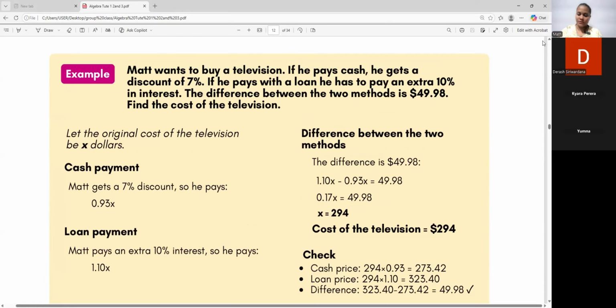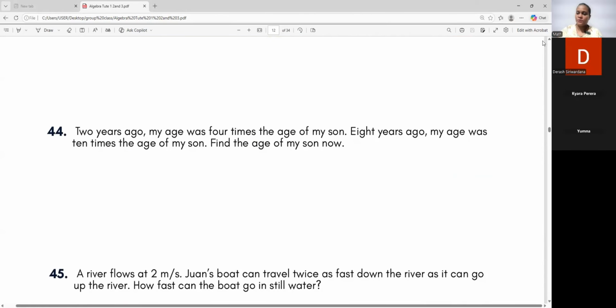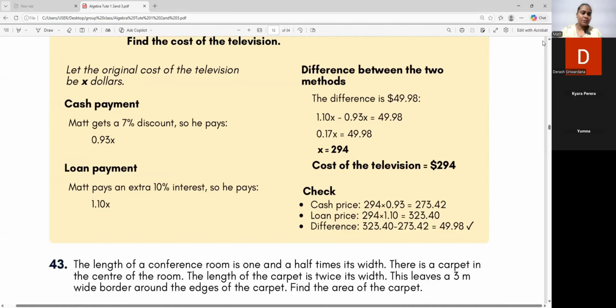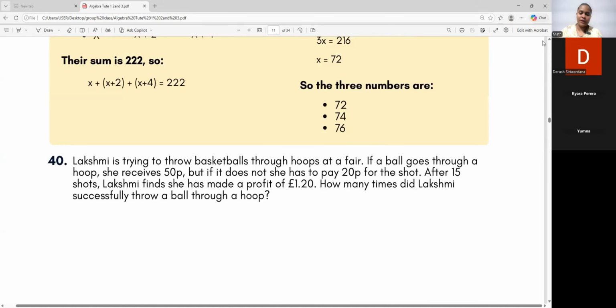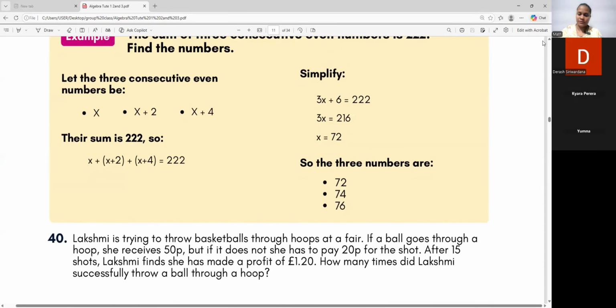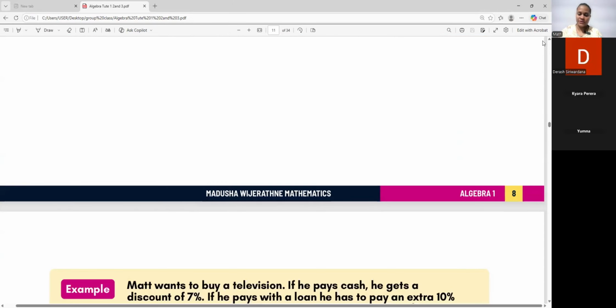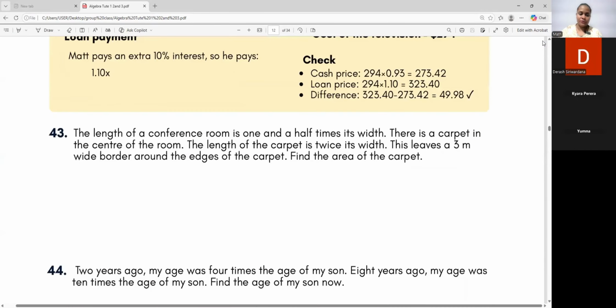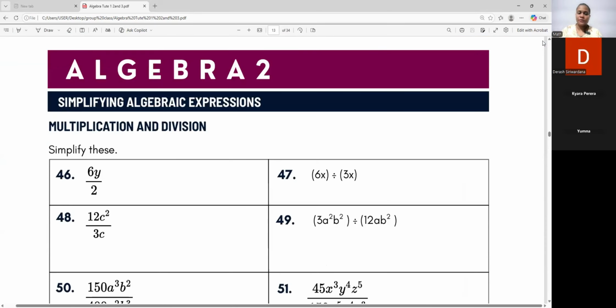So we'll keep it to complete later. So you need to do 40, 41 and 42 as homework. So they are little bit tricky questions. You need to think and do. Then 43 to 45, mark and keep to do it later.